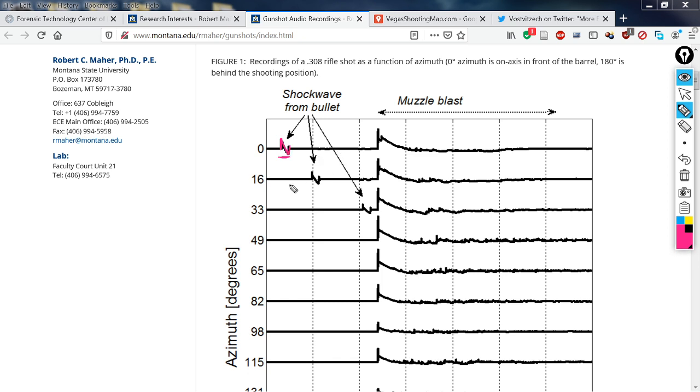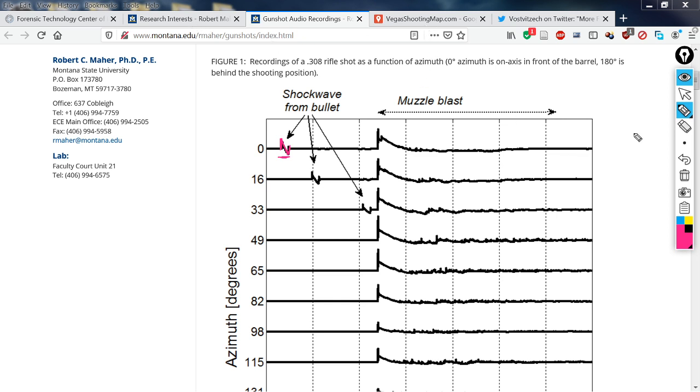But tonight what I want to talk about is what happens as either the barrel of the gun sweeps away from the recording, a fixed stationary recording, or a recording location is pushed off to the side. And he's going to express this as a function of the angle between the two, regardless of how far away you are.